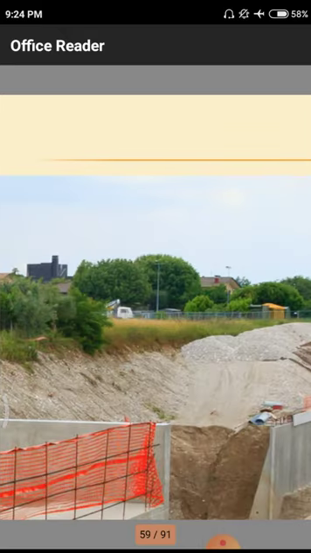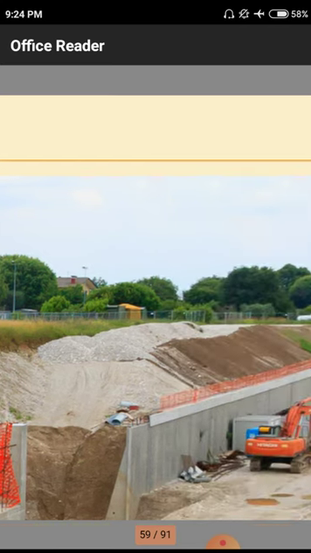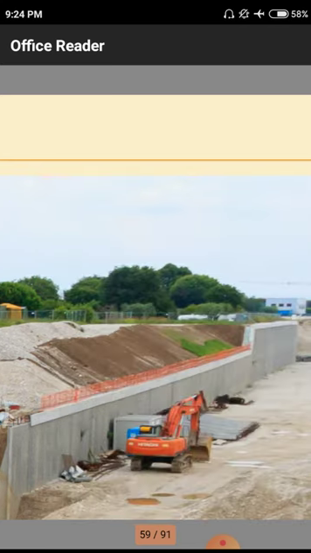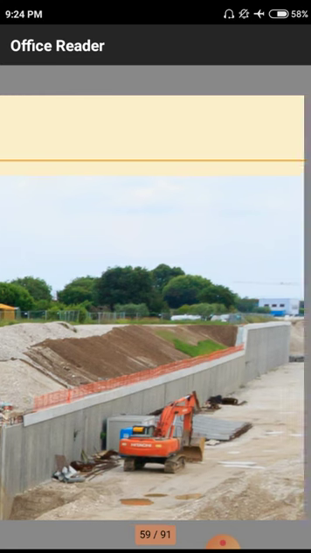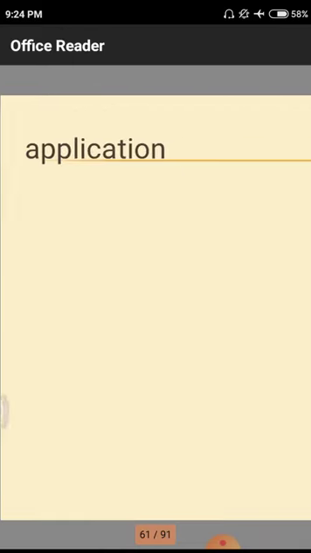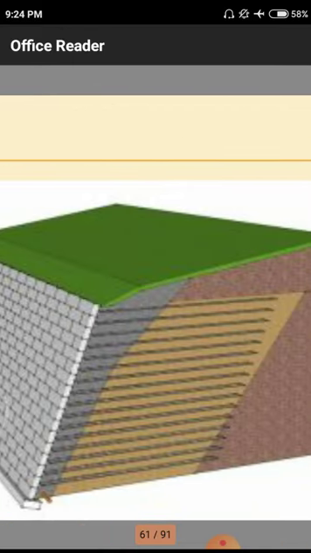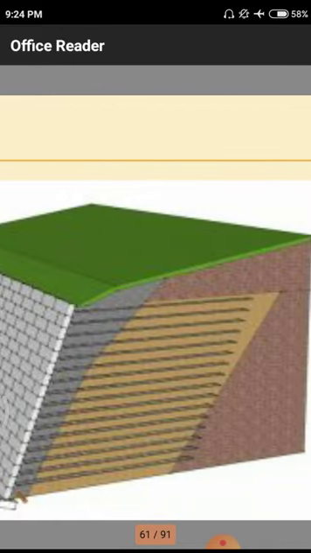This is the embankment, and below that we have some drain holes. All those things we have to observe. That means they are simply maintaining some quantities of slopes, facing elements, and embankments. All those are constructed. This is one of the applications. This also we have to know.